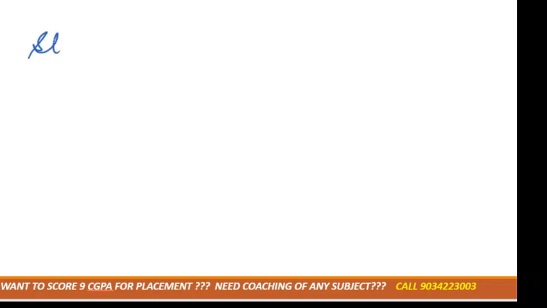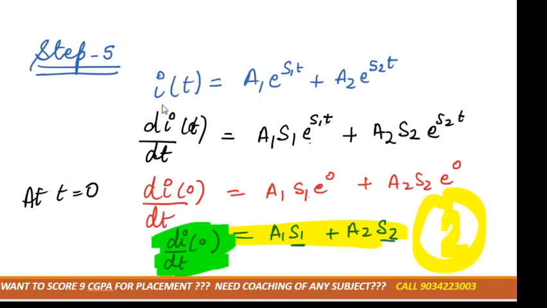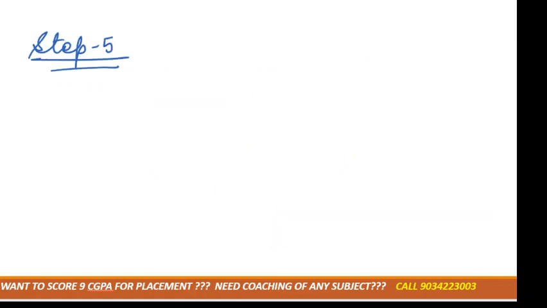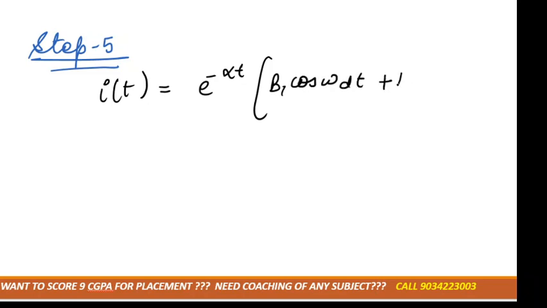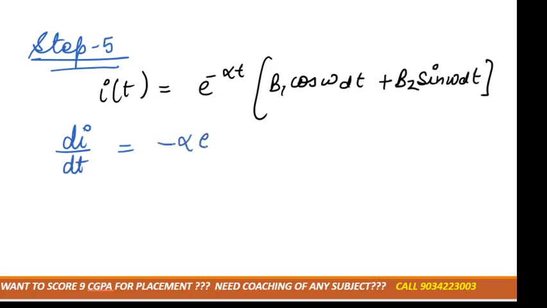Again in step number 5 we need two equations to solve it. Remember in step number 5 we differentiated the equation. In this also we need to differentiate the equation. That equation is i equal to e raised to power minus alpha t, b1 cos of omega d t plus b2 sine of omega d t. Now we need to differentiate, that is di by dt, minus alpha e raised to power minus alpha t plus b1, right?